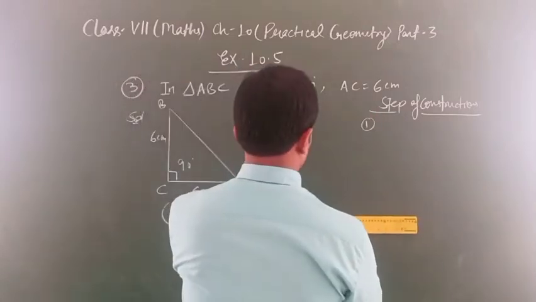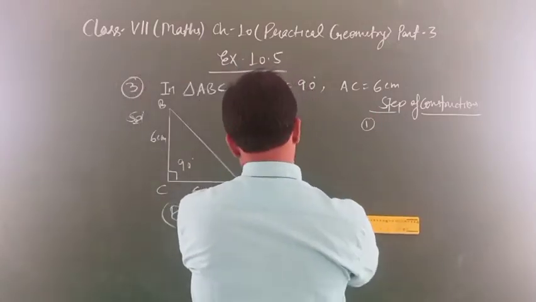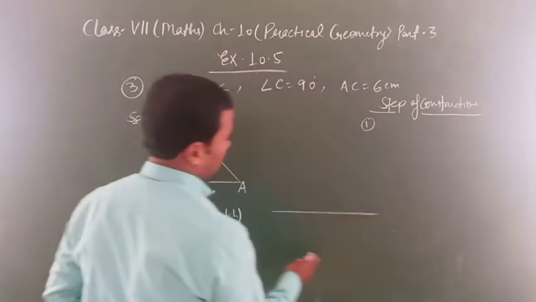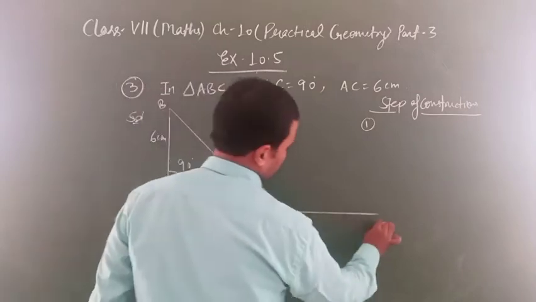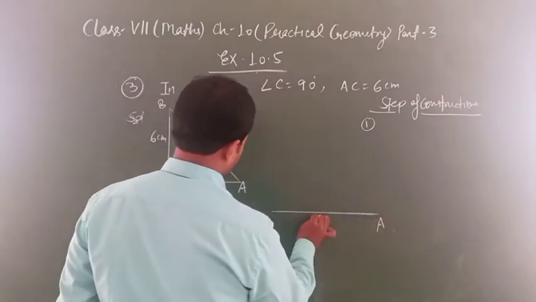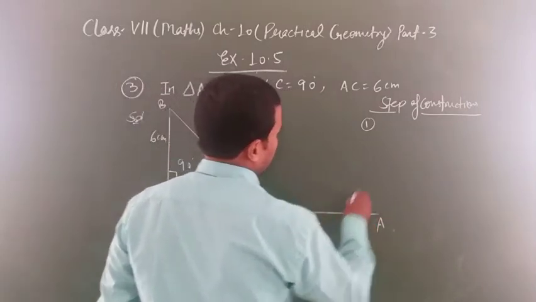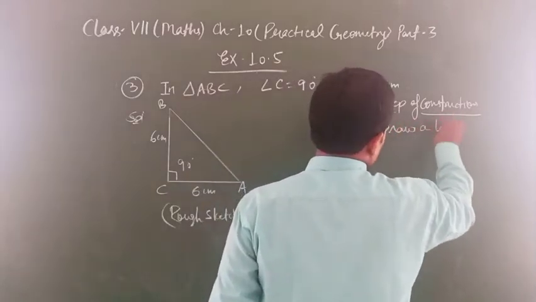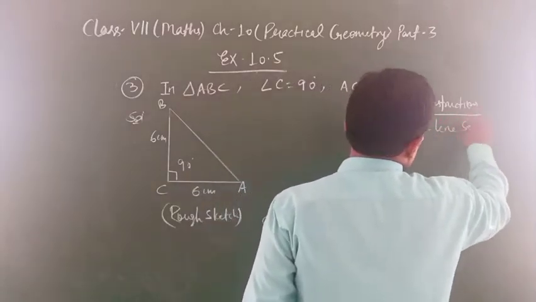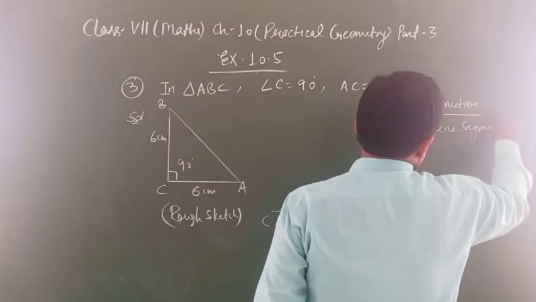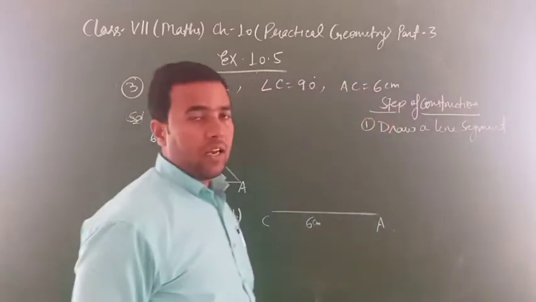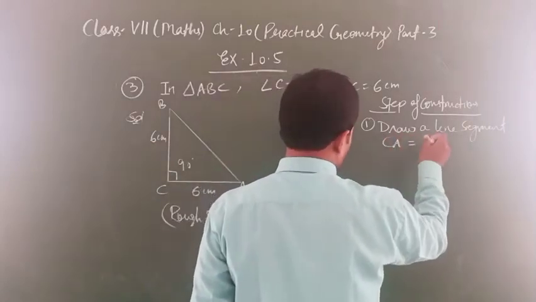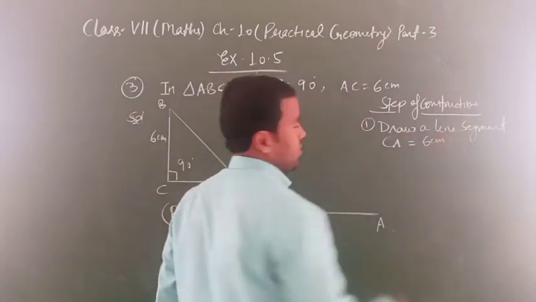Draw a line segment CA. How much centimeters? 6. Draw a line segment CA equal to 6 centimeter.